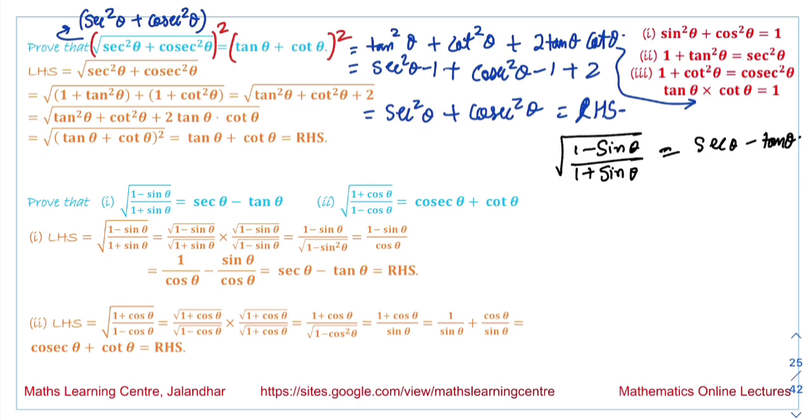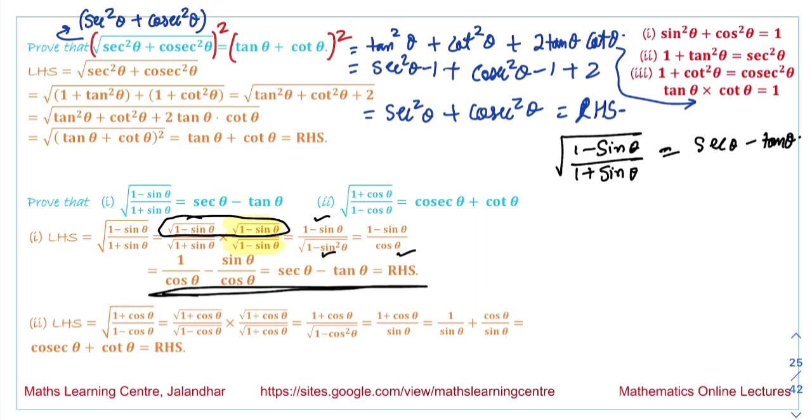Now one method to solve this problem is shown over here, where we have multiplied and divided this term with square root of 1 minus sine theta. This numerator part will become a whole square, 1 minus sine theta. The denominator part will become cos theta, and you will obtain the answer by separating the denominator.